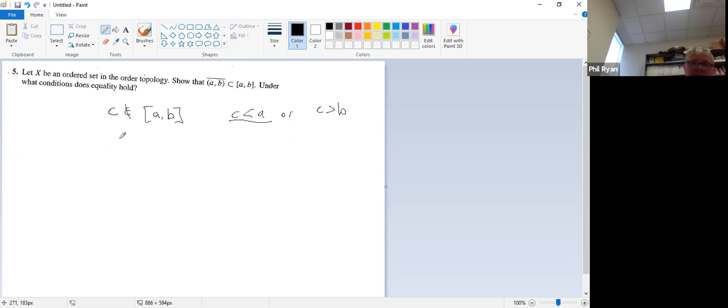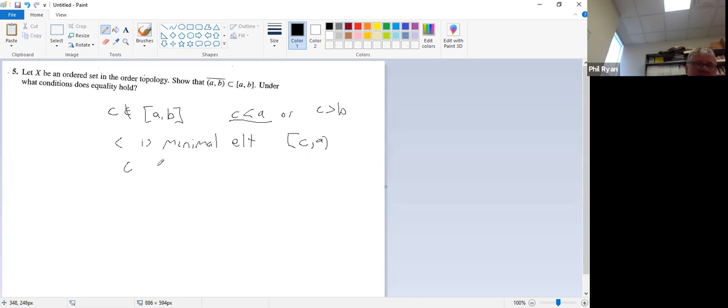Okay, so if C is a minimal element, then that means the open set CA will be an open set not meeting the open interval AB. So that means C can't be in the closure of the open interval.